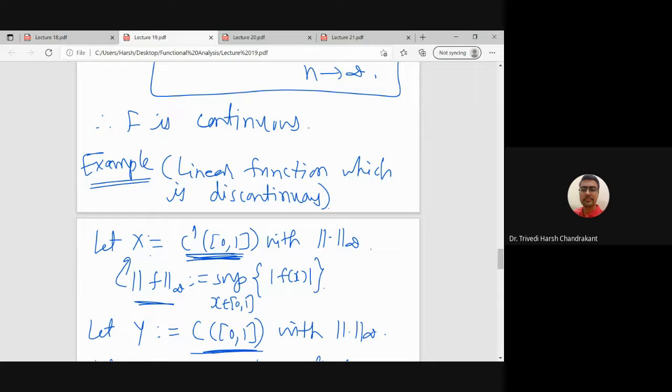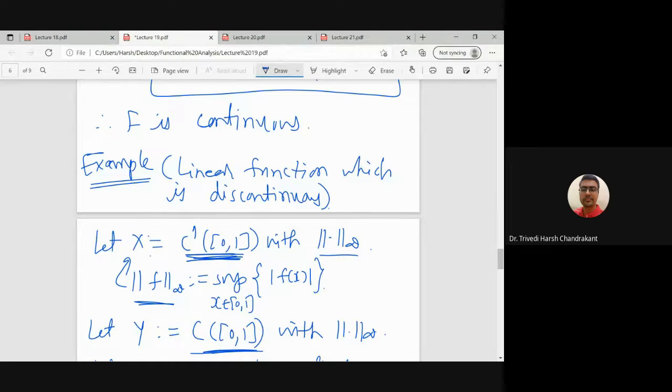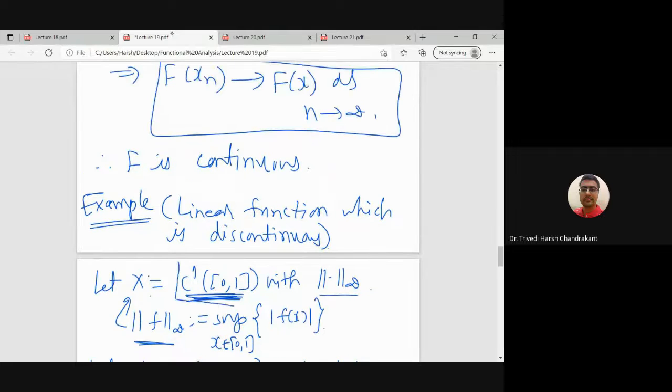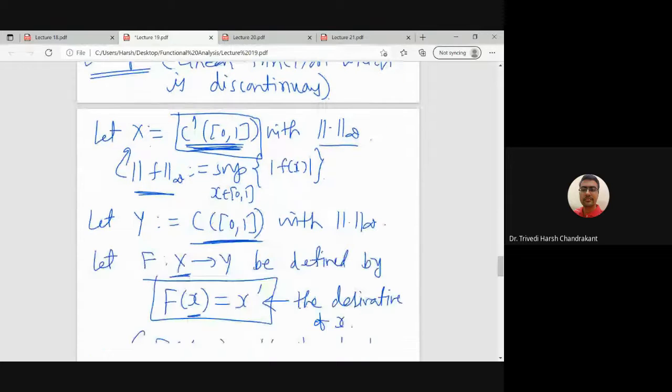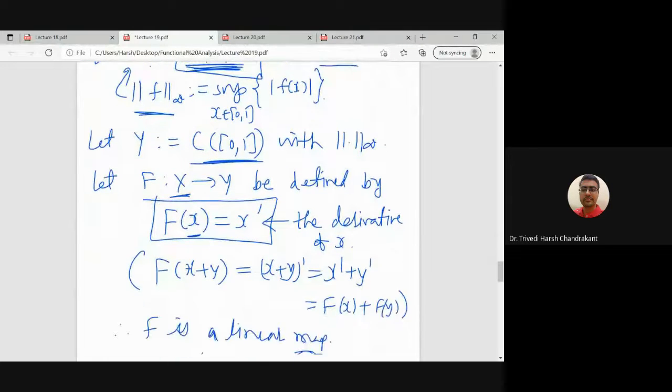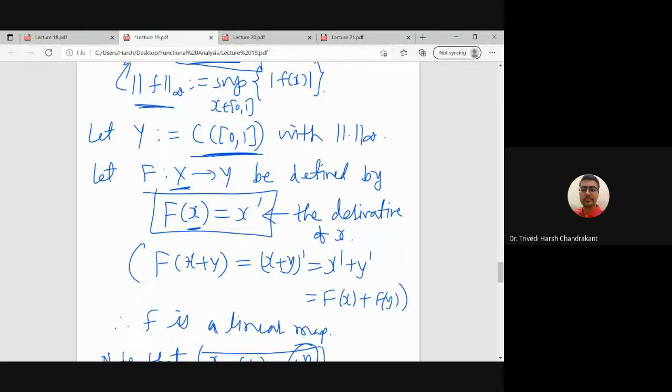So X is an infinite dimensional vector space because it has a linearly independent subset with infinitely many elements, with respect to the supremum norm. In particular, the set of all polynomials is a subset of this set, and that is also infinite dimensional. So C^1[0,1] is infinite dimensional, and then we discussed a linear function which is the differential operator.